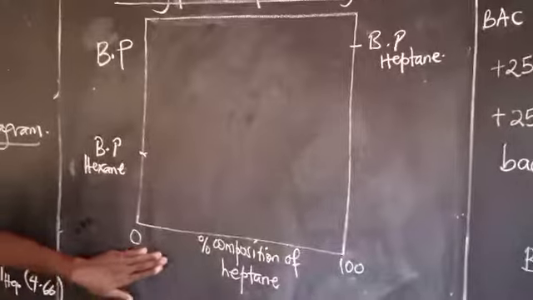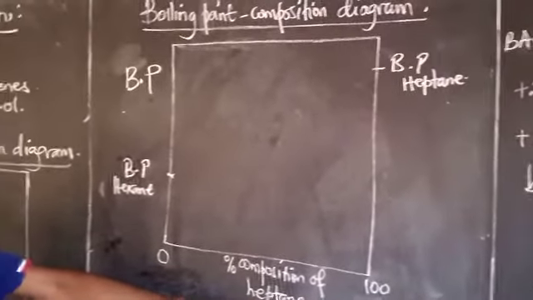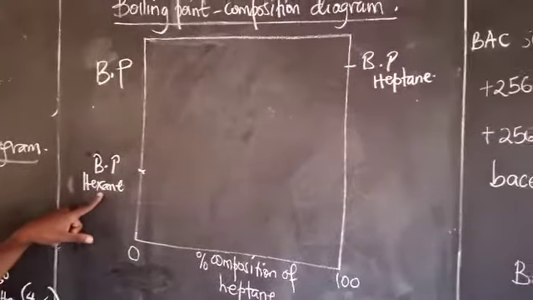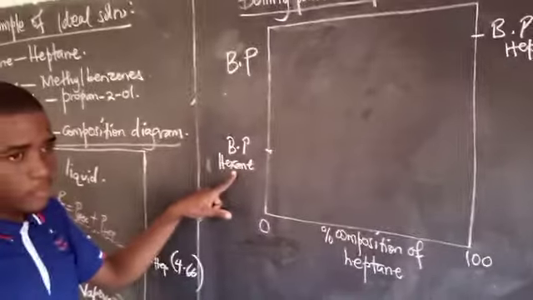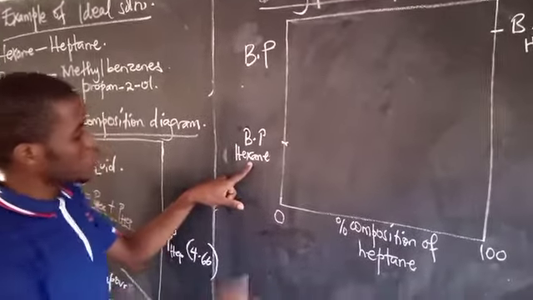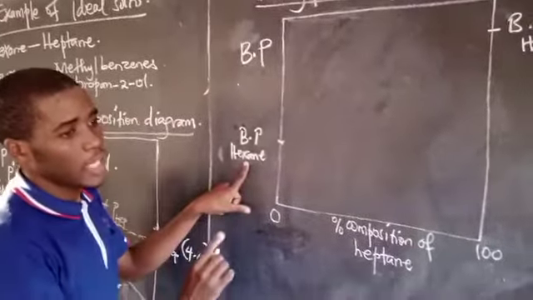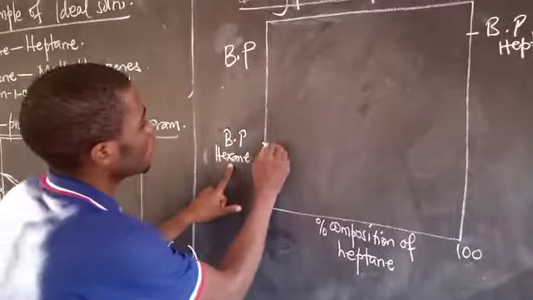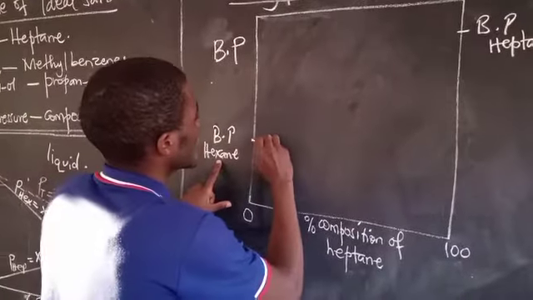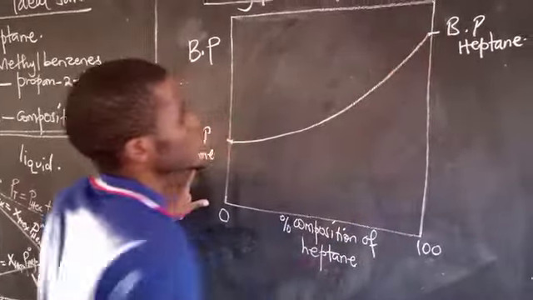And as you are increasing the amount of heptane in hexane, what will happen to the boiling point of hexane? Remember, the interaction is uniform. You are trying to reduce hexane in the mixture. An indicator that the boiling point of the mixture will keep on increasing, until it reaches heptane.